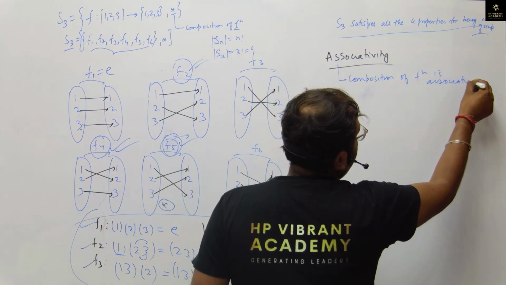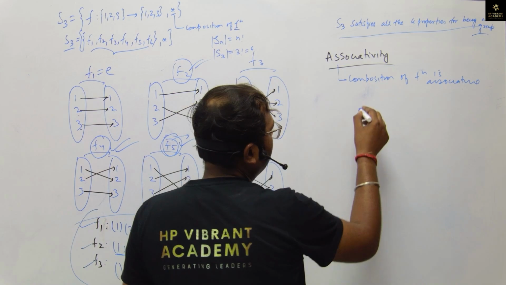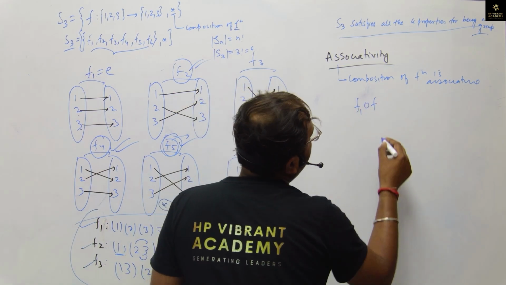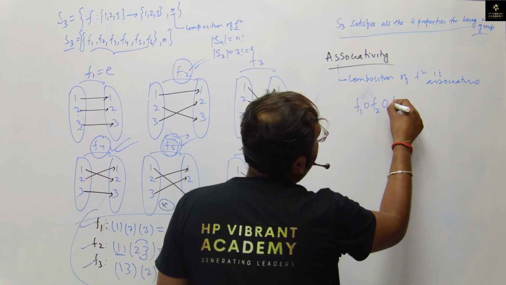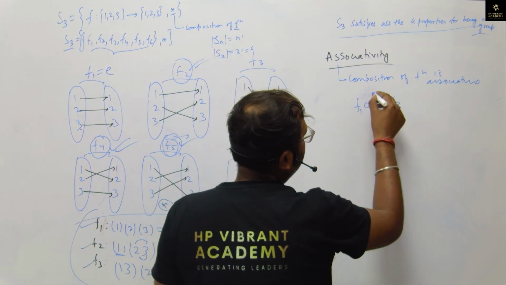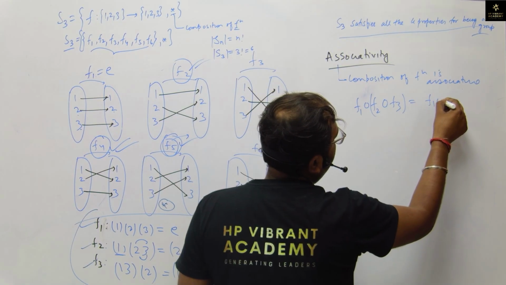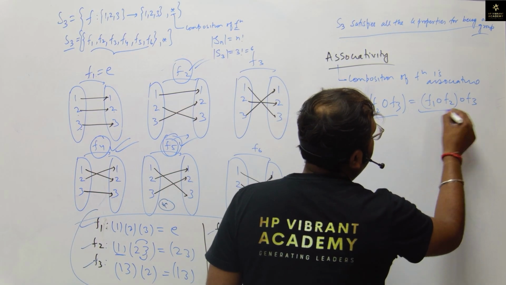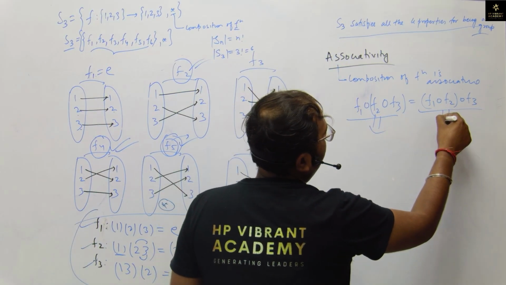So we write it like this: (f1 o f2) o f3 is equal to f1 o (f2 o f3). If we calculate both the mappings, both are the same.